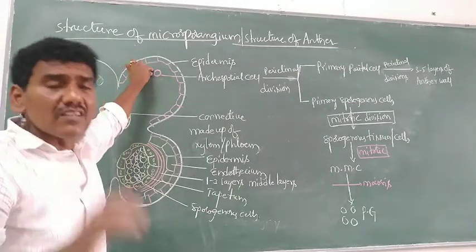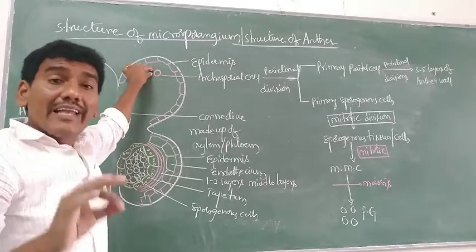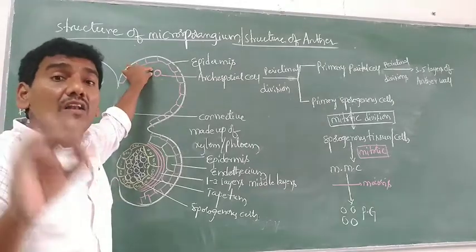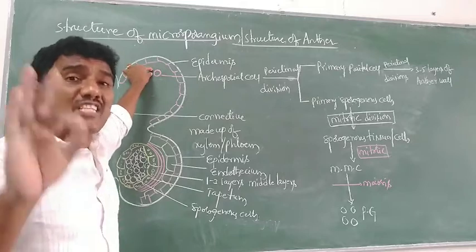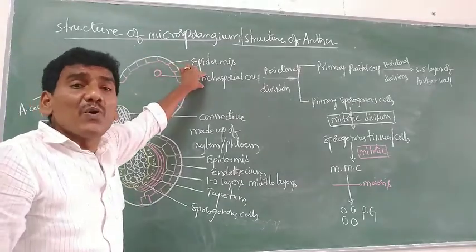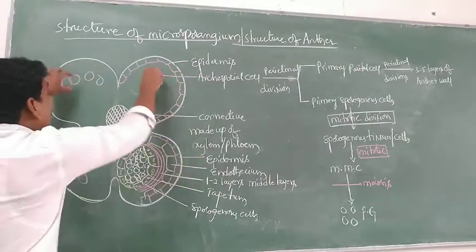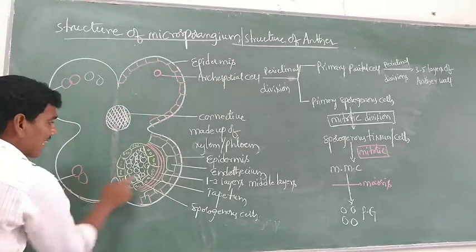These cells consist of dense cytoplasm and a large visible nucleus. These cells are known as archesporial cells. Here archesporial cells develop at the 4 corner regions.